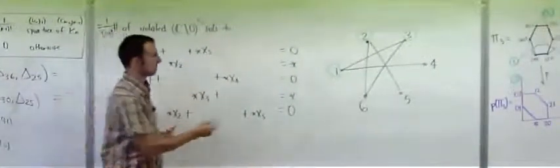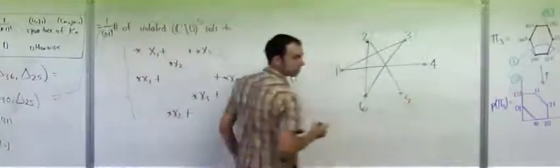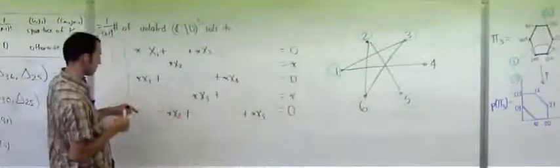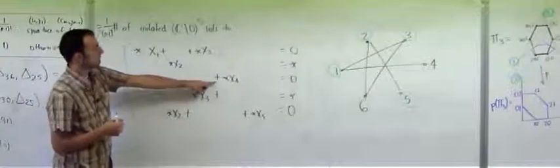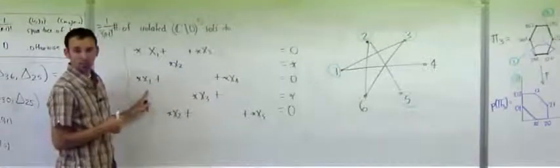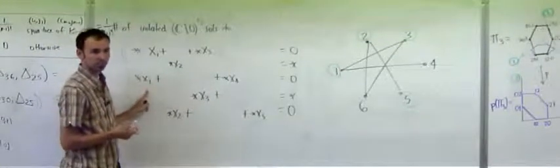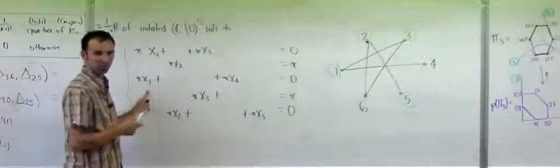Okay? So I can solve for x1. Then what? x5 I can solve for because I know what x2 is. So I do that. And what about x4? Now that I know what x1 is, I can solve for it. So you see how I'm kind of walking around this graph, yeah?